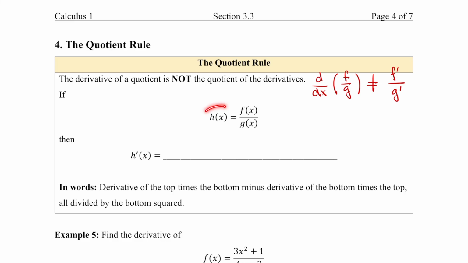Suppose we have h of x equals f of x over g of x. This means f of x is the numerator, or the top function, and g of x is the denominator, or the bottom function. The quotient rule tells us that the derivative is h prime of x equals f prime times g minus g prime times f, all over g of x squared.